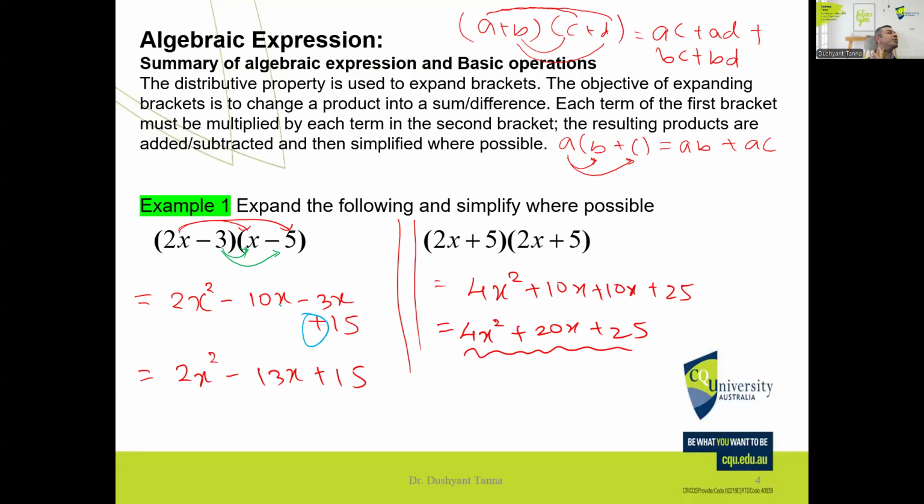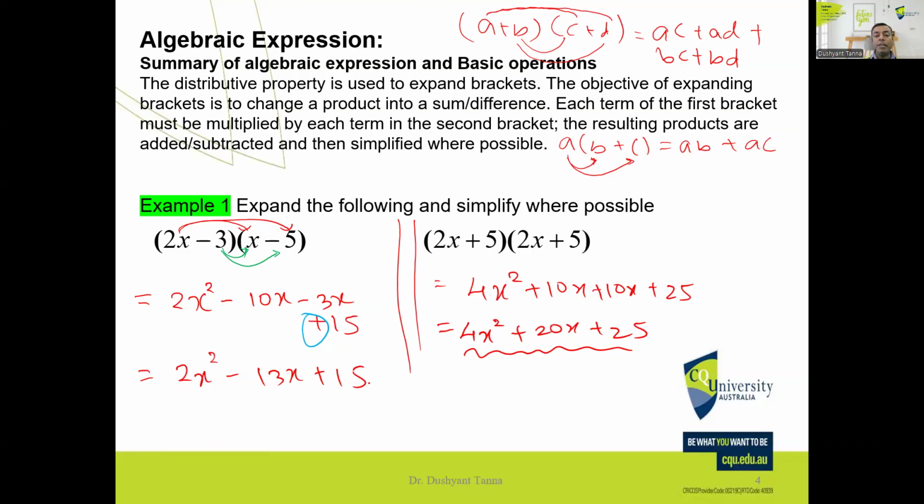It's a very simple thing you must observe when you are dealing with negatives. If you don't, you'll end up losing marks and then you will learn. It's your choice. You want to learn it the easy way or the hard way. Then we combine negative 10x and negative 3x, which becomes negative 13x, and everything else remains.